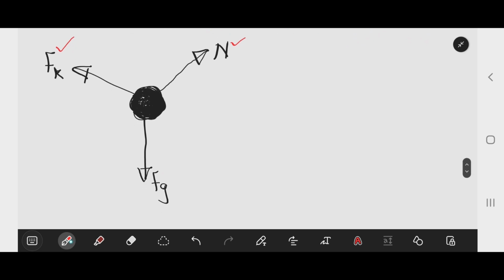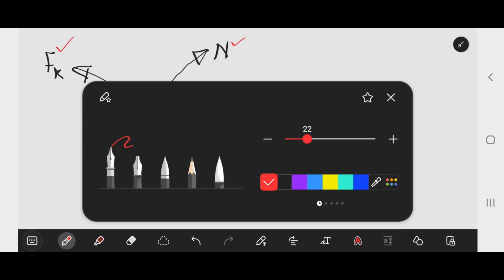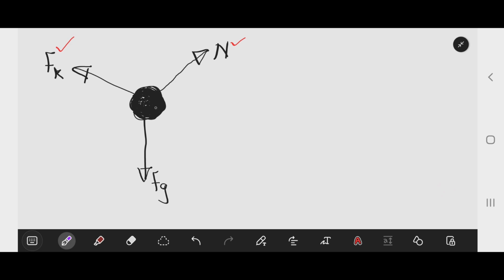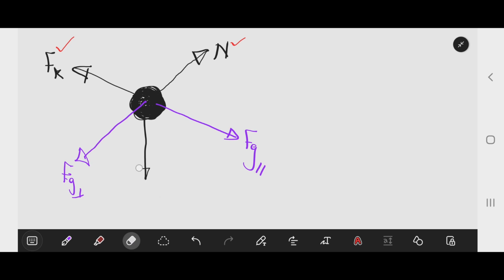So we have to resolve this into components, right? When we resolve Fg, we will have two components, Fg parallel and Fg perpendicular, right? So now we can remove that Fg, since we have resolved the weight.